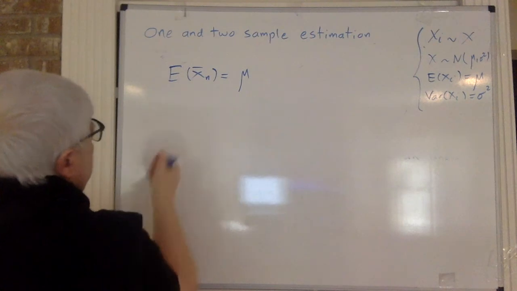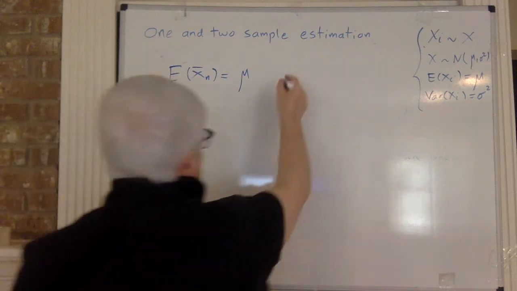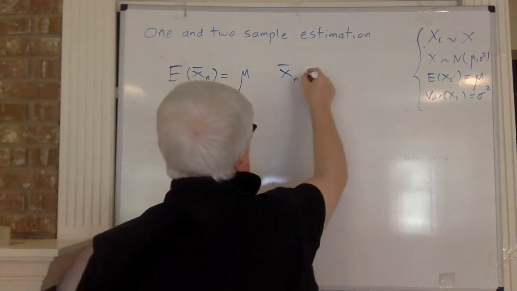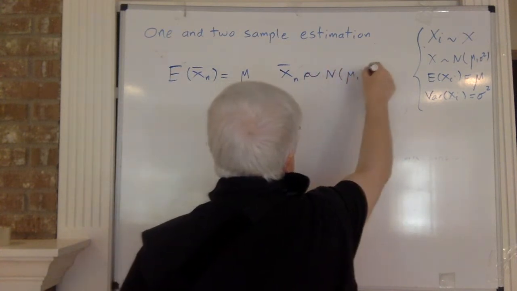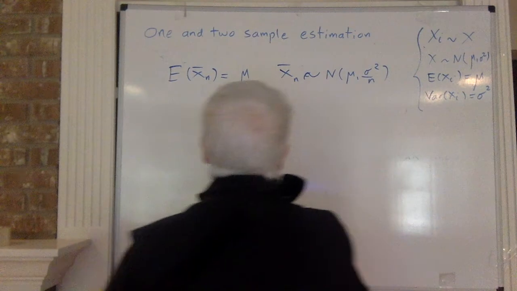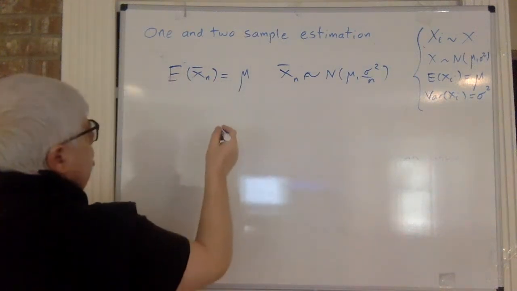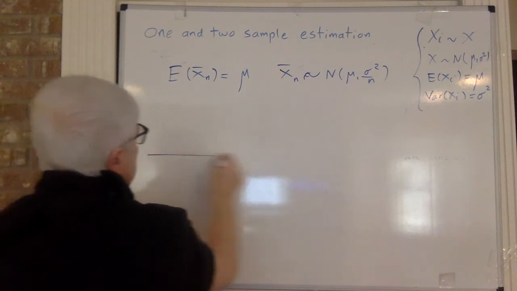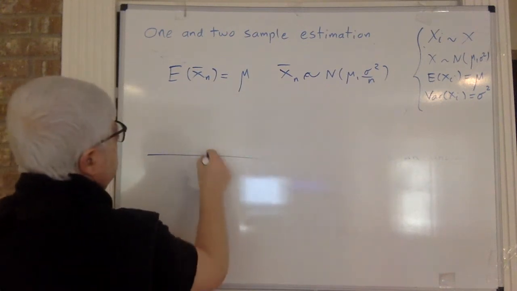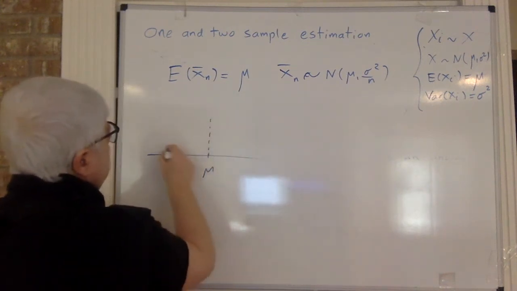If x bar has some distribution, we know the distribution of x bar, that is normal with mu and sigma squared over n. Now, this means that if mu is here on the x-axis, then x bar is like this.